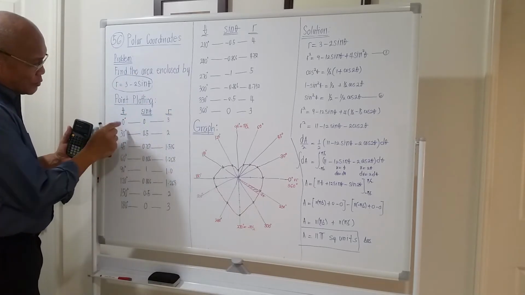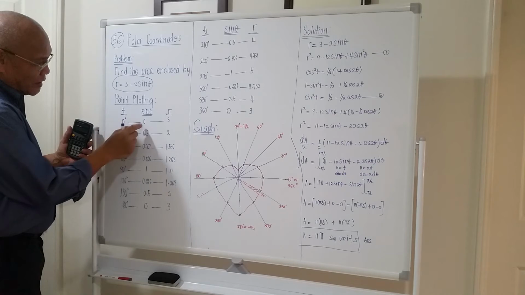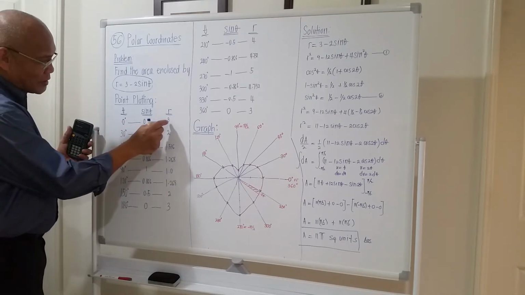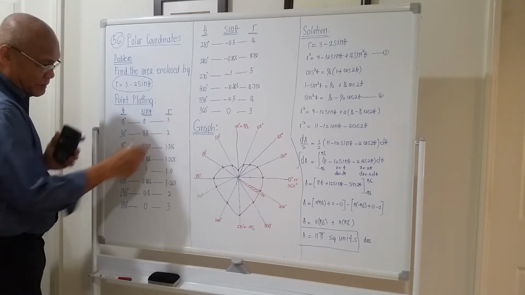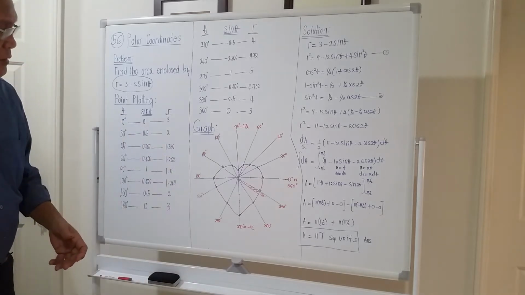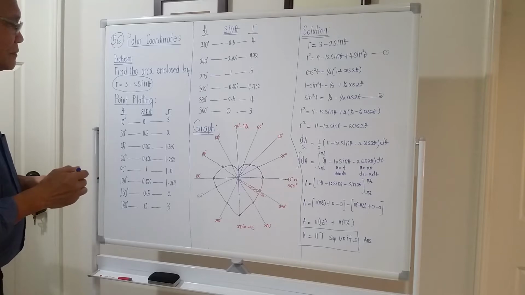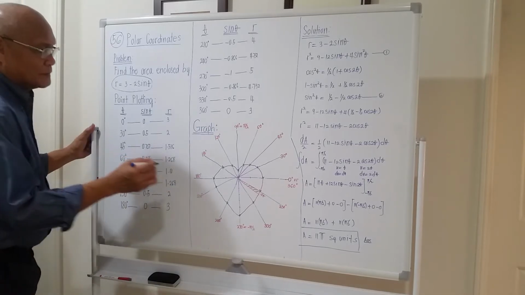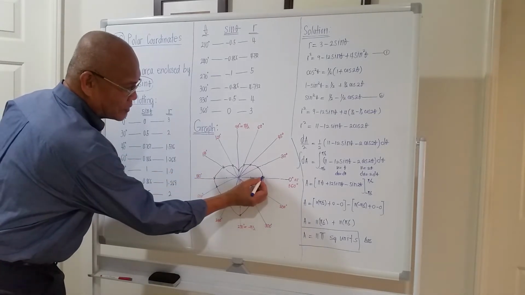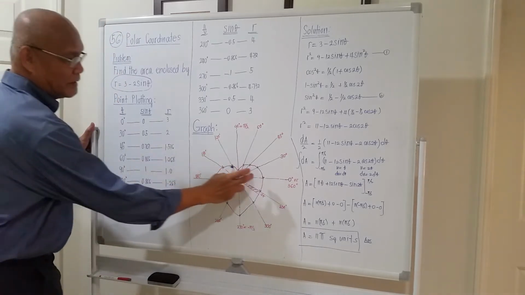So when theta is 0, sine of theta will be 0, and the radius at that time will be 3. We can graph this one now. This is 3.